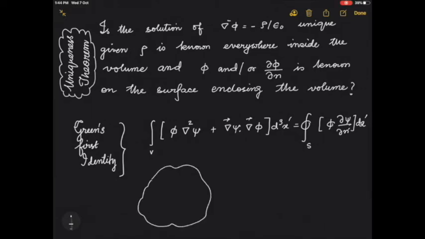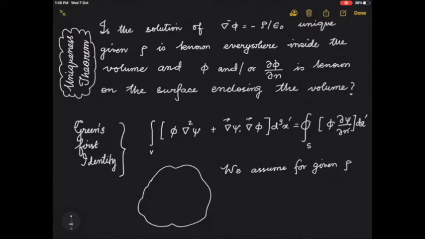Okay, so I have this volume, and the way we will prove this is by assuming a negative statement, which is we assume that there are two solutions inside.